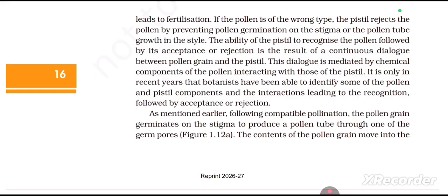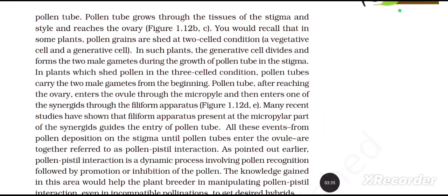As mentioned earlier, following compatible pollination, the pollen grain germinates on the stigma to produce a pollen tube through one of the germ pores, figure 1.12a. The contents of the pollen grain move into the pollen tube. The pollen tube grows through the tissue of the stigma and style and reaches the ovary, figure 1.12b and c.